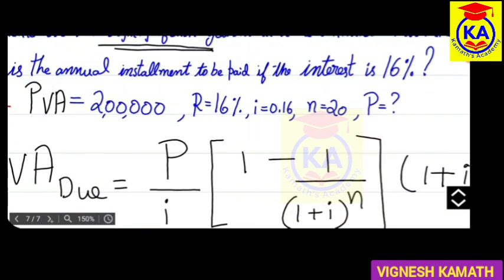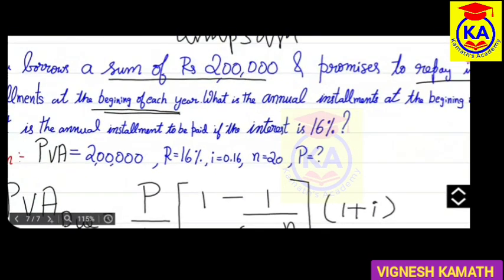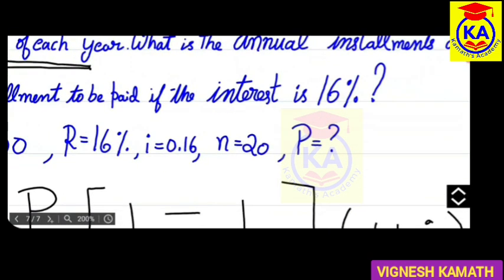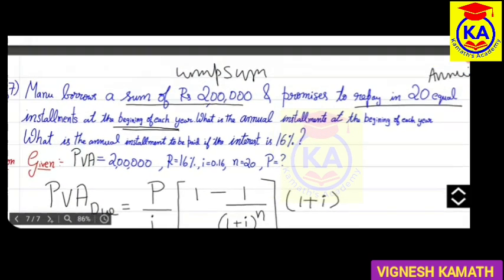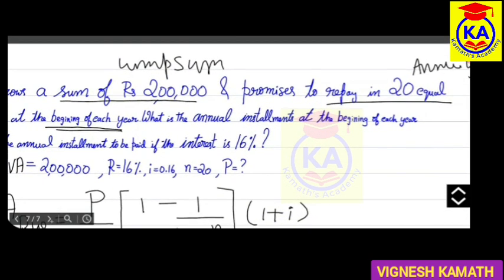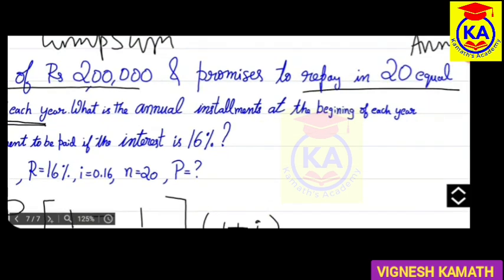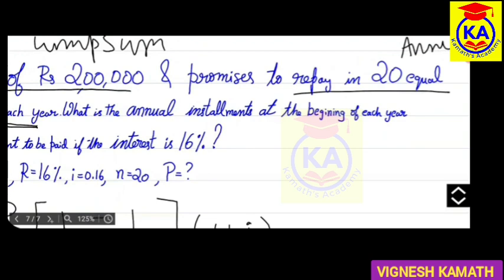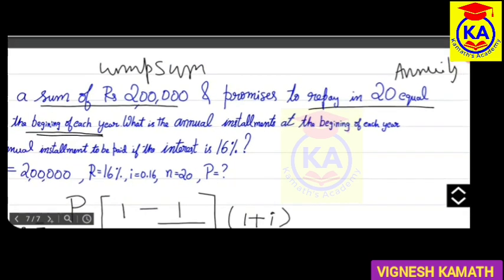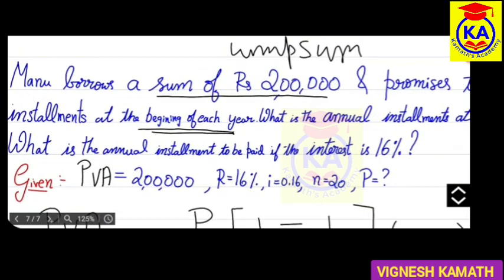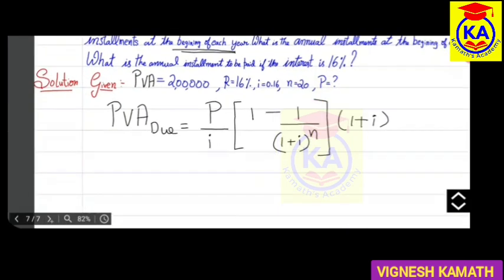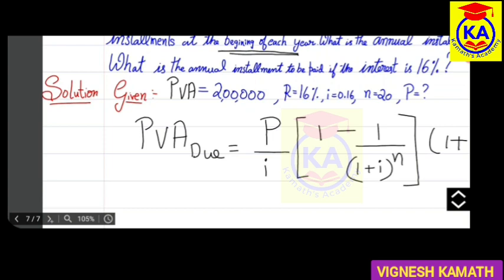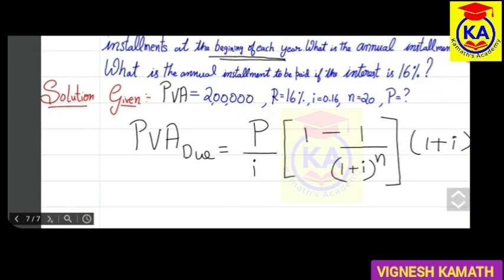The rate is 16%, which you convert to decimals: I is equal to 0.16, and n is 20, the number of equal installments. You have to find the annual installment to be paid, that is nothing but P. You know the present value of annuity, that is 2 lakh.